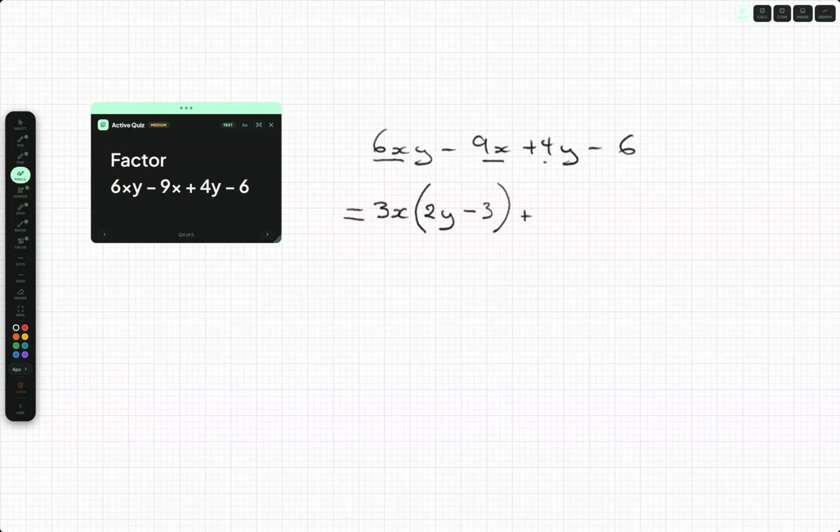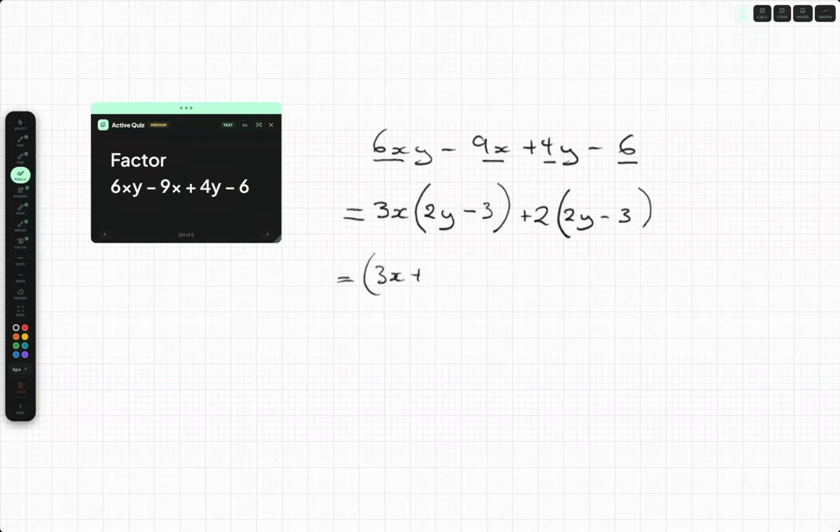The only common factor I can see between these is a 2. So let's pull out a 2. 4y divided by 2 is 2y. Negative 6 divided by 2 is minus 3. And we're left with 3x plus 2 times 2y minus 3.